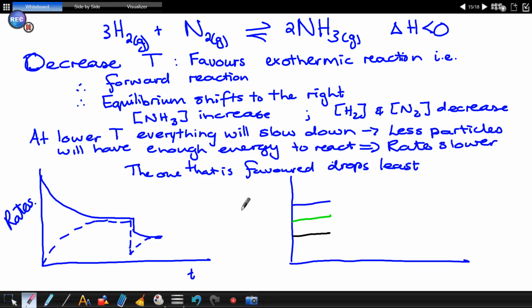And I'm deliberately drawing the graphs like this and pointing out that it's concentration graphs, because the concentrations of the reagents stay constant, but they're not equal. That's important to realize. So, green is for ammonia.